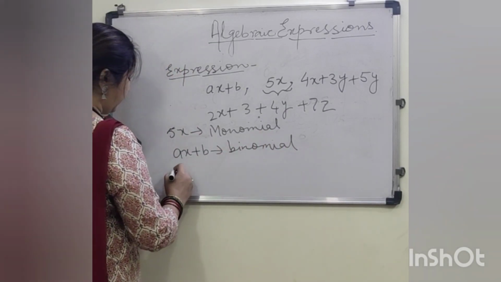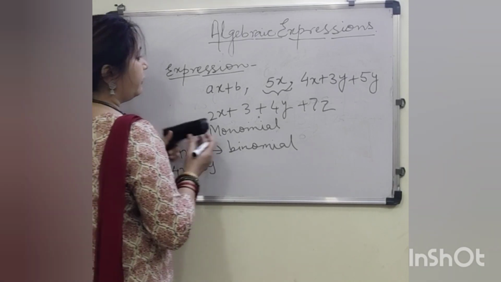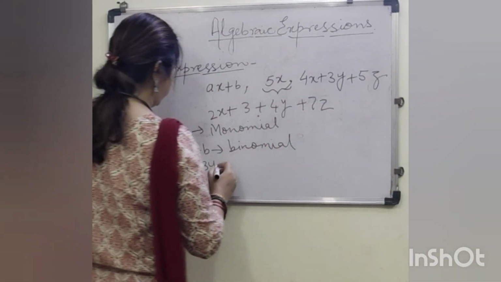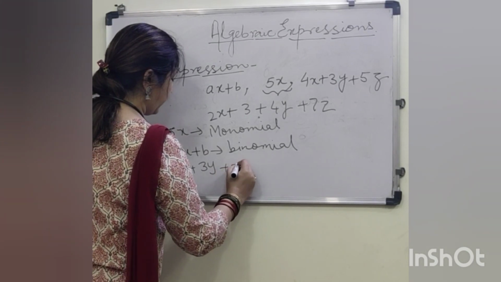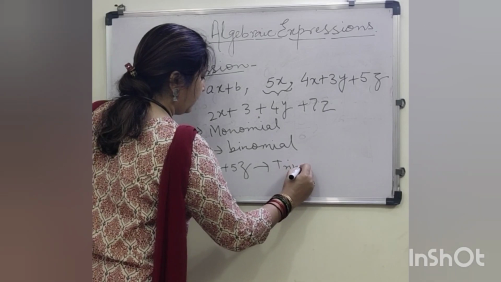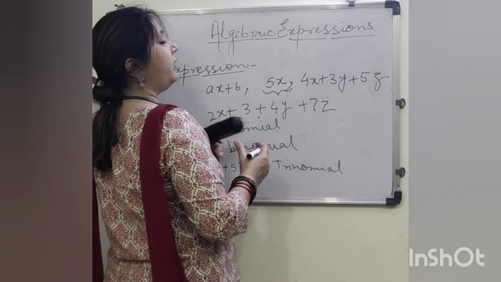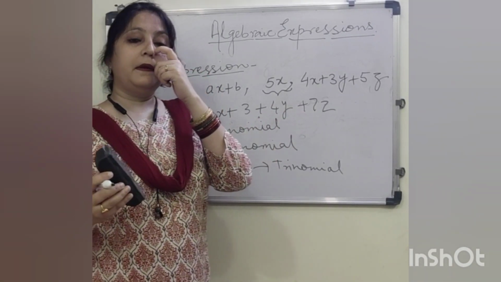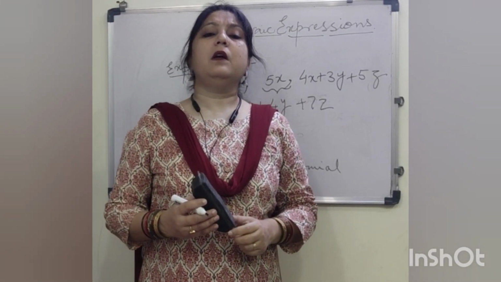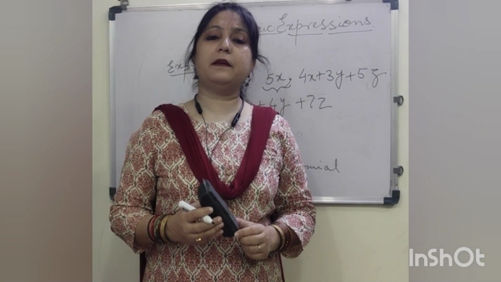Let's take another example, 4x plus 3y plus 5z. This is an example of a trinomial. And this is an example of a quadrinomial or polynomial. So as per the number of terms, we decide what type of polynomial we have. I hope till here it is clear.